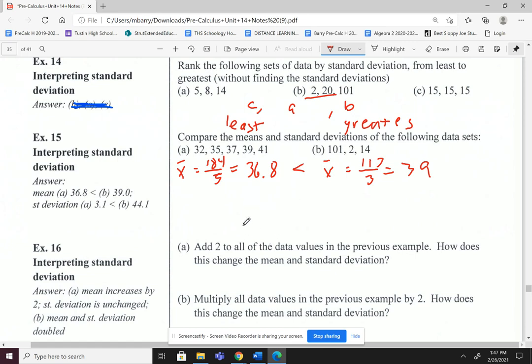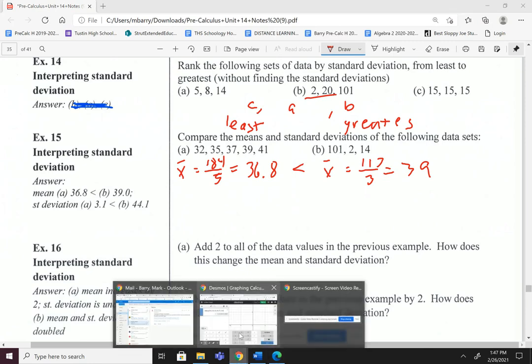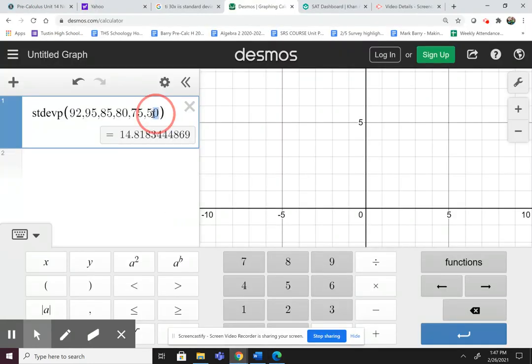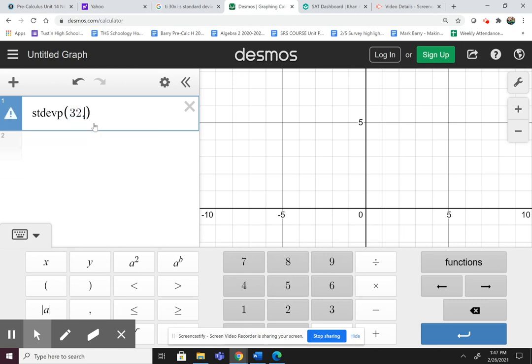Okay, so now for the standard deviations. I would go ahead and just go to Desmos for that, and I'll do my STDDEVP. Okay, so for the first set, I had 32, 35, 37, 39, 41.